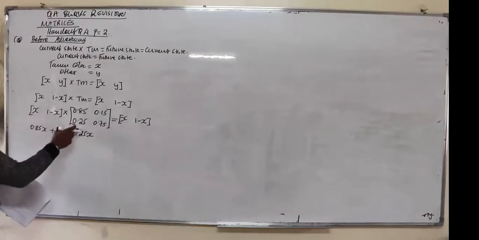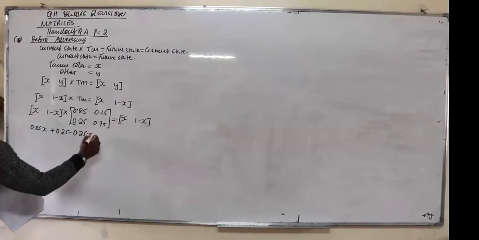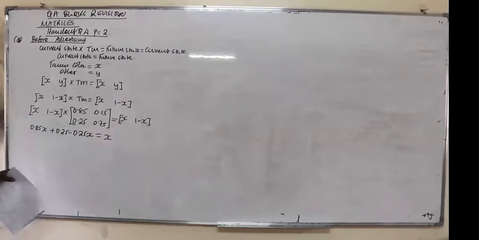First row, first column, you should get X. So that one is equal to X.